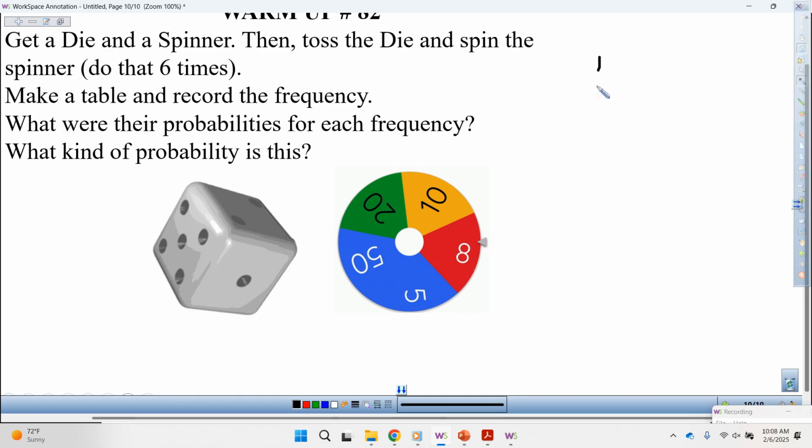So you did 1, 2, 3, 4, 5, and 6. Did I see it right? And then over here you did what? Was it colors or letters? All right. Red, blue, and green. So 3 of them? Okay. So then you spun and you tossed 6 times. So give me your frequency.